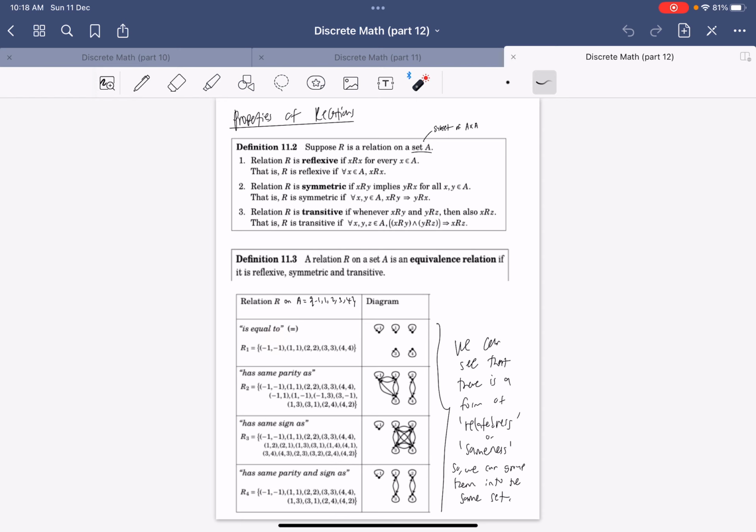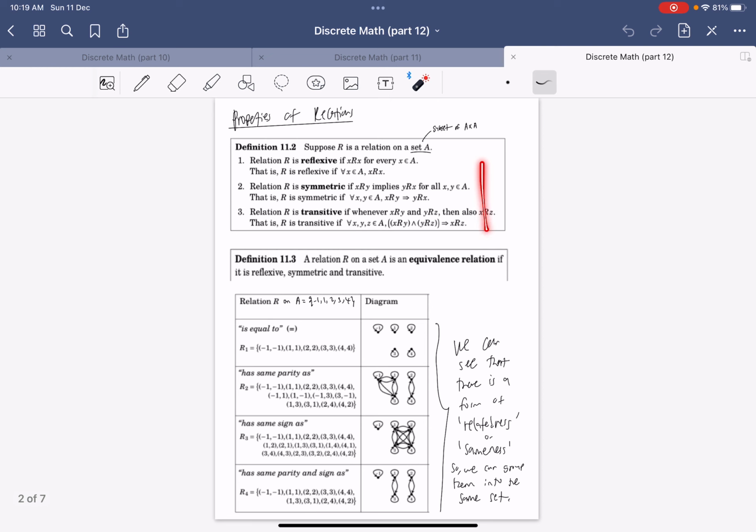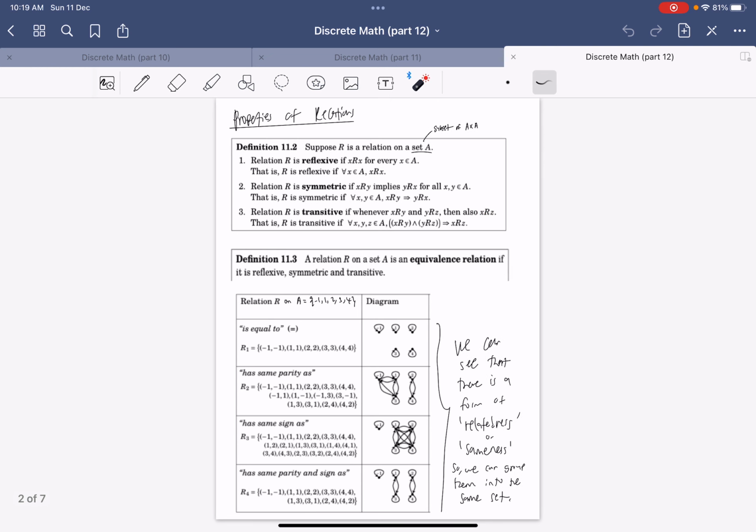It's reflexive as well. And it's transitive because none of them are related to some other element, so there's no transitivity needed basically. You can also verify that the following three are all equivalence relations by proving the following properties.